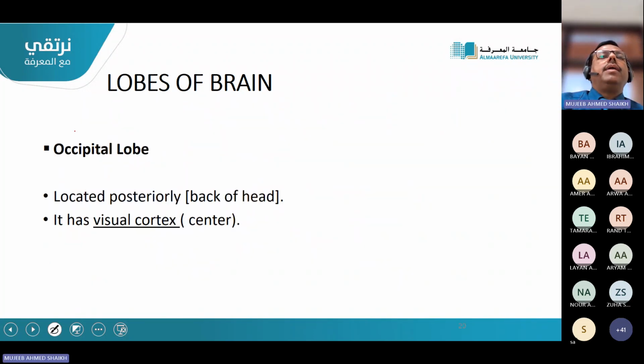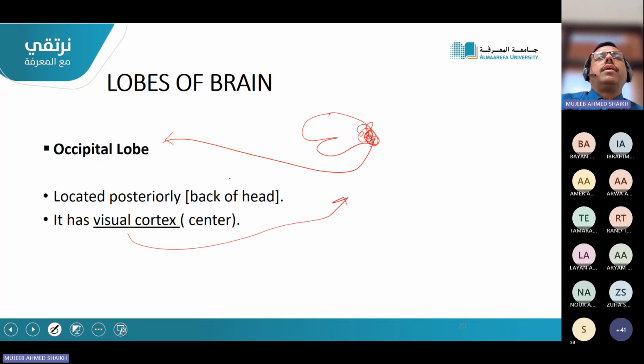Whereas the occipital lobe is the area which is extremely behind, this area. This is called the occipital lobe, and this is responsible for visual sensation, so it is also known as the visual cortex. Now you may be asking how we know that this is for visual and this is for auditory, or this is for motor and this is for sensory.